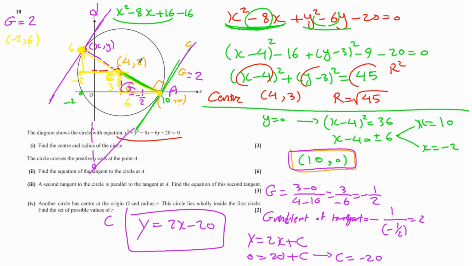So the equation of the line would be again in the form of y equals 2x plus c, because the gradient is 2, and we need to find c by considering that -2 and 6 is on the line. So y is basically equal to 6. I'm just going to put the values in here.